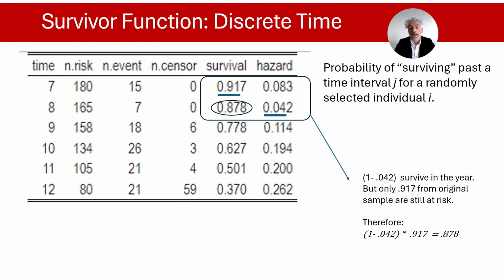Basically that means that we can estimate the survival function by calculating the product of the inverse hazard function across intervals that preceded the interval of interest.